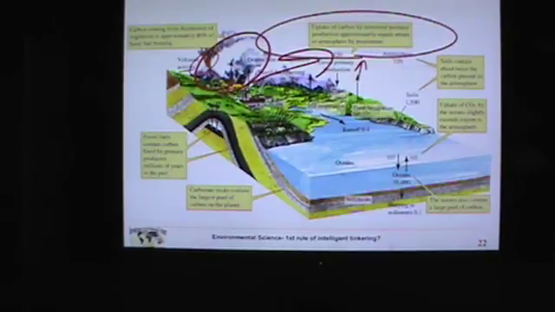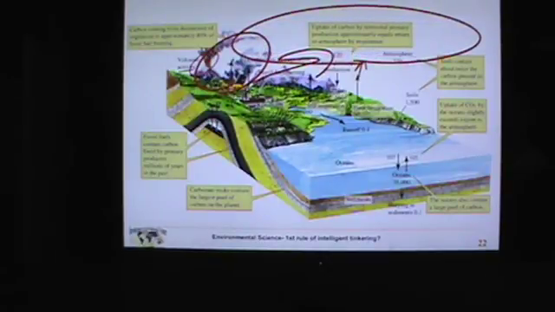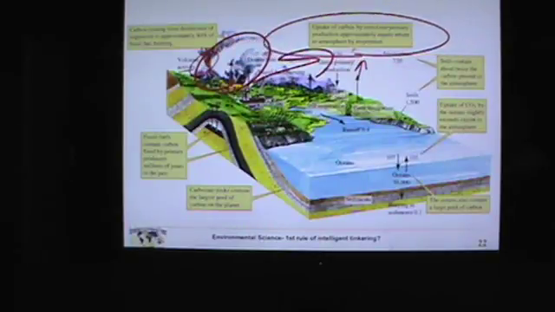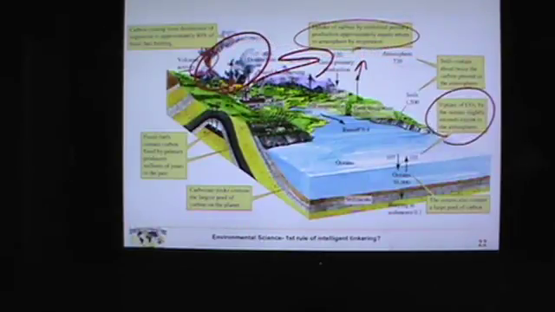Uptake of carbon to terrestrial primary production approximately equals what is returned to the atmosphere by respiration. That's the natural balance, except then we release a lot more. Uptake of carbon dioxide to the oceans slightly exceeds what goes into the atmosphere.